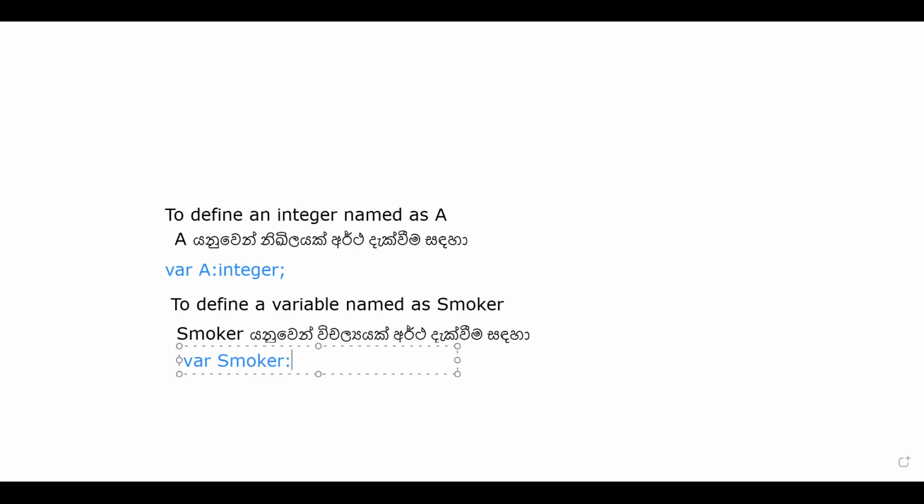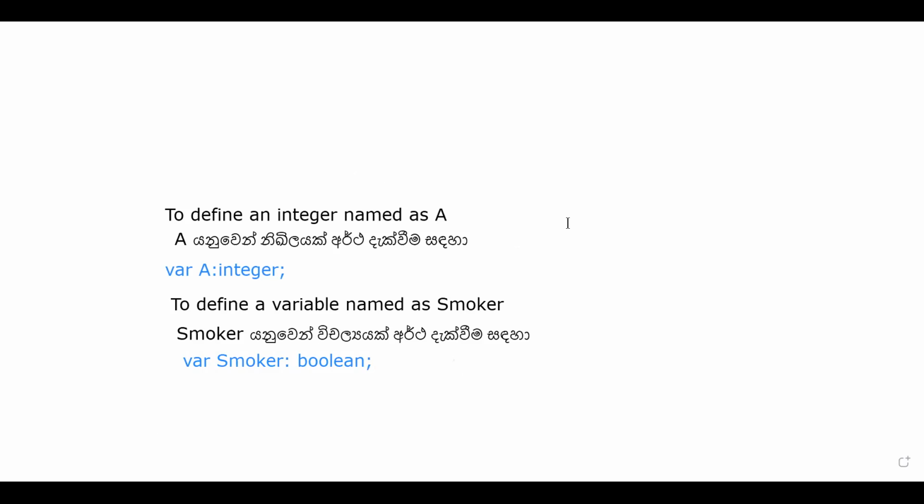Smoker. So that's a variable name. What is the data type? Yes, you better define it as Boolean. So we can define it as smoker Boolean.